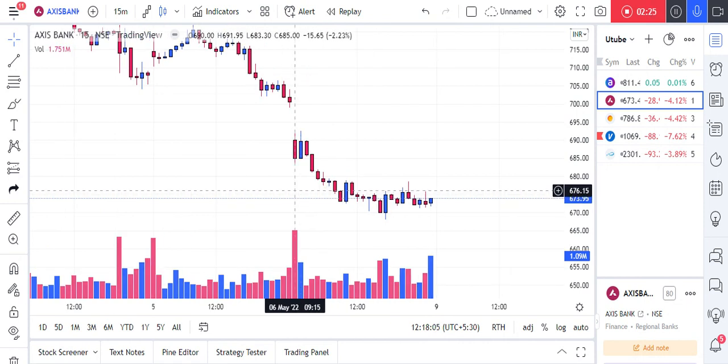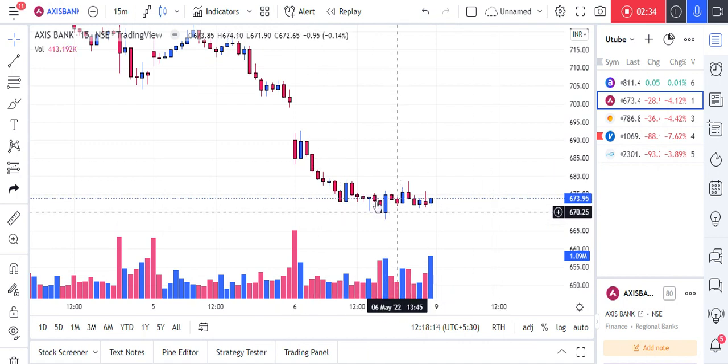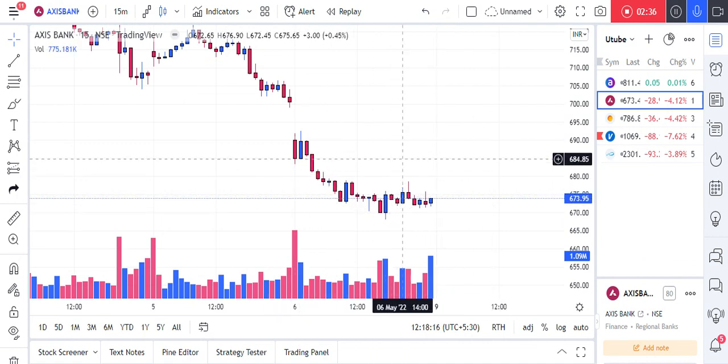The high of the candle is 691.95, so we can take it as 692. So the price fell down, and we got the 1 is to 2 profit ratio.